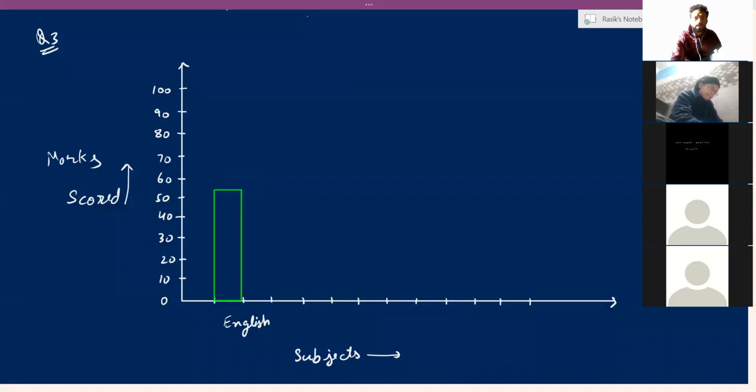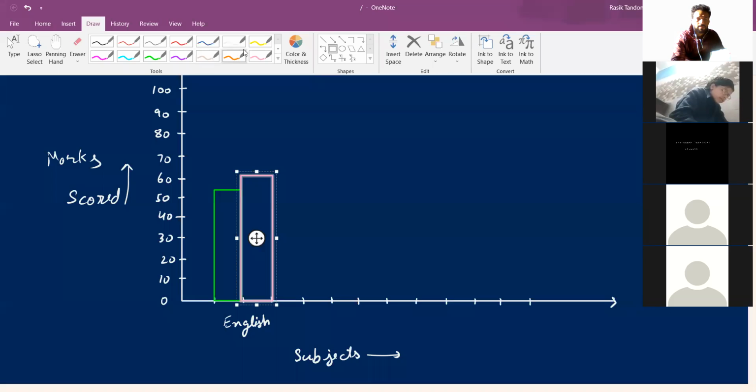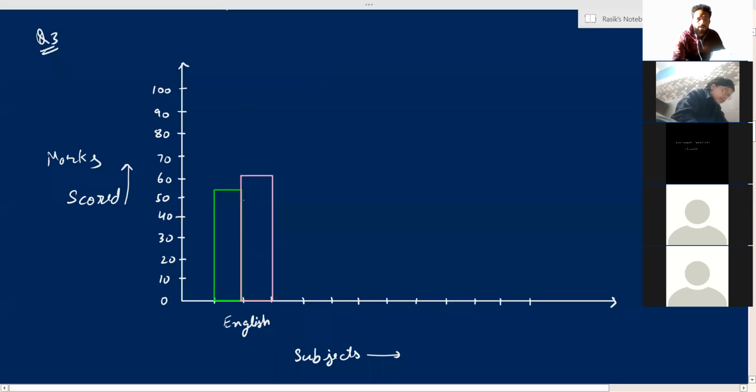The marks scored in English in annual exams was 60. He scored 60 marks in the annual exams. So make a bar near to it, this one. This will be 60. Now you can do the shading also.